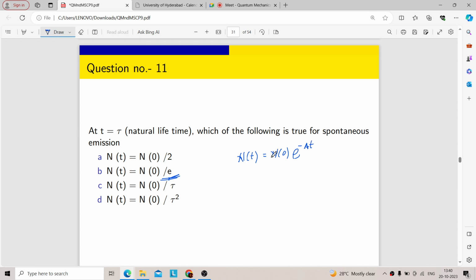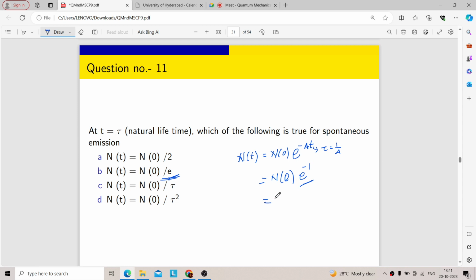Okay, now at t equal to tau time, what happens? This tau is nothing but 1 over a. So if I put tau equal to 1 over a, what will happen? e to the minus 1.